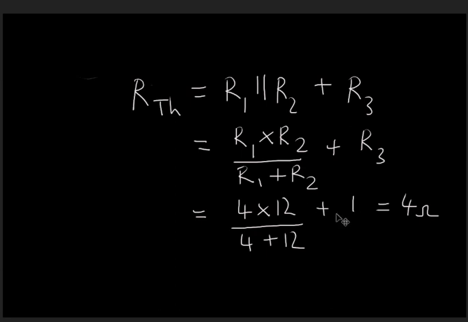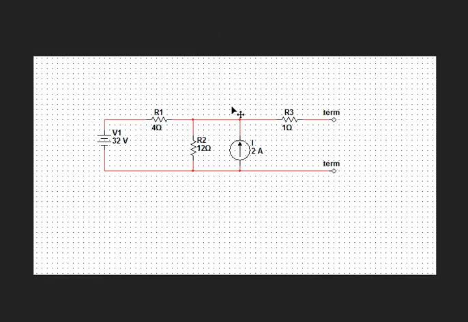Okay, since we have found R Thevenin, it's time for us to proceed to the circuit to find V Thevenin. Now, let's analyze the circuit. From the circuit, you can see that we have a parallel branch here and we have a series branch here. Please note though that in this configuration, no current will be flowing through this resistor, so we can ignore it in our calculations as it doesn't have a complete path for current to flow.